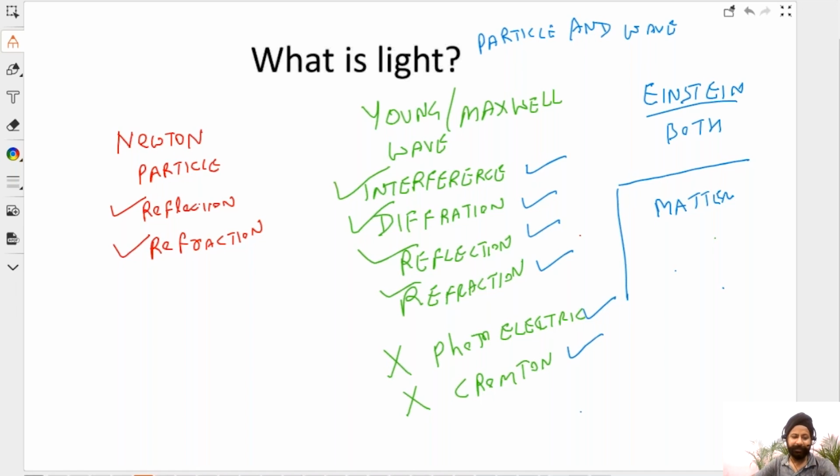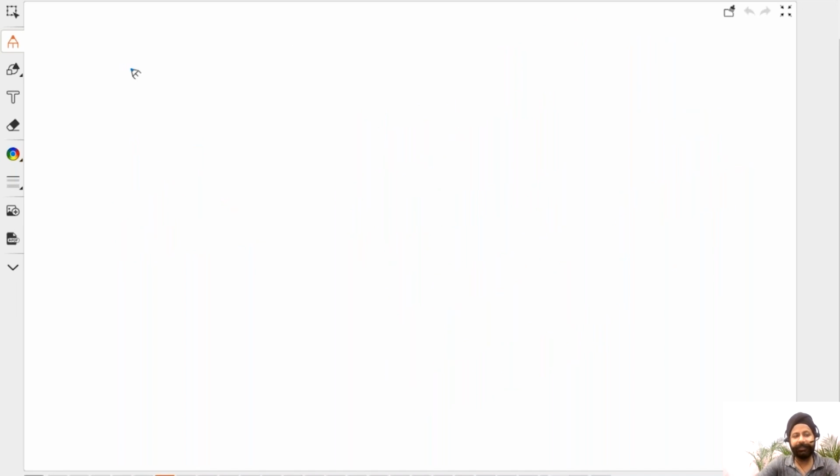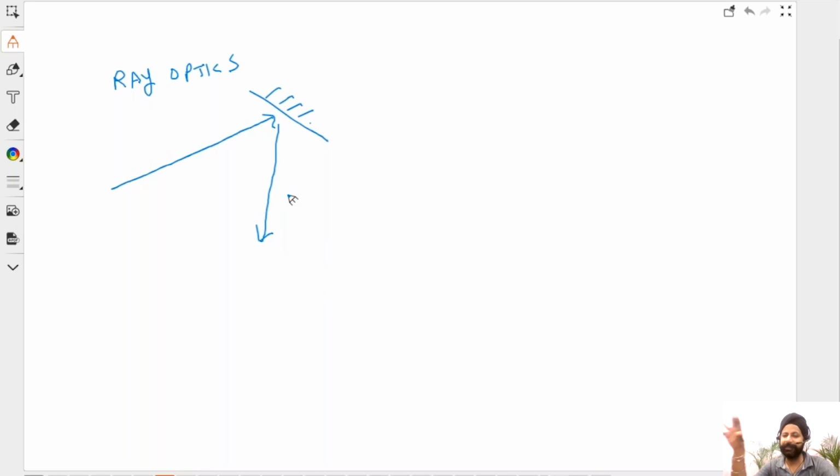Now, what you studied in grade 10th was more like ray optics, right? So what is ray optics? You draw the rays of light and then say, there is a mirror here and the ray comes back. You draw rays. But what is a ray? We are saying light is a wave or a particle. We are not saying light is a ray. A ray can be assumed as the path of travel of the light.